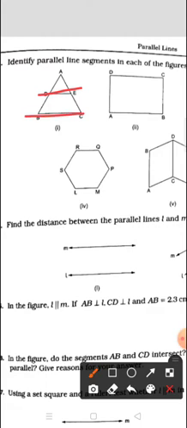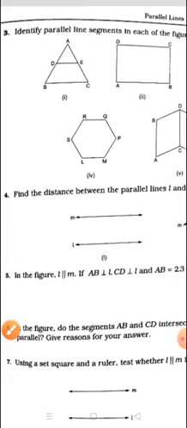In this figure, DC is parallel to AB and DA is parallel to CB. In this figure, which one is parallel? RS is parallel to PM. This one is parallel to this one.